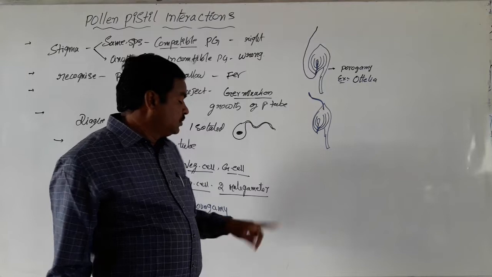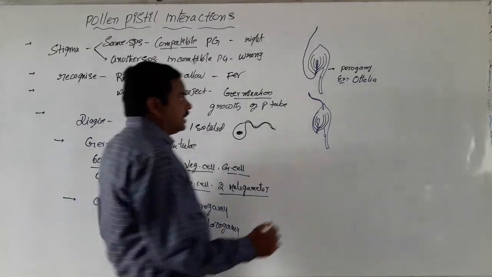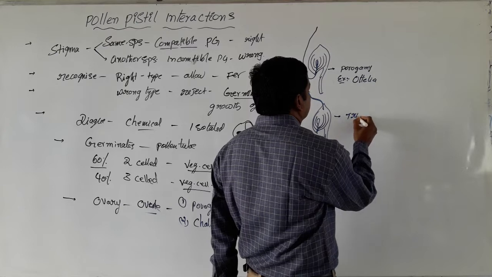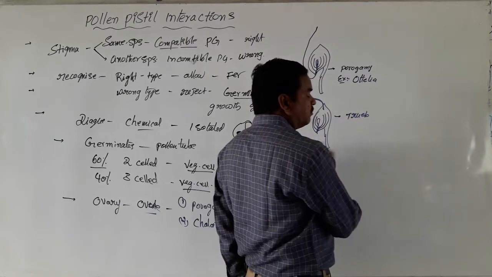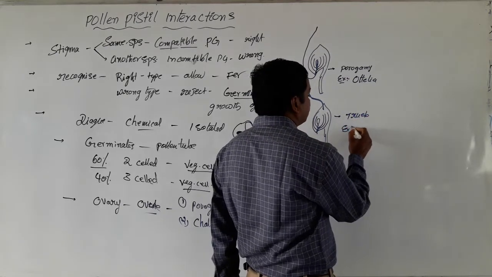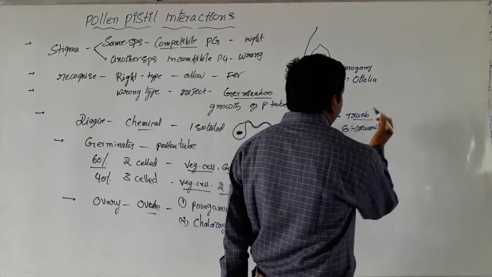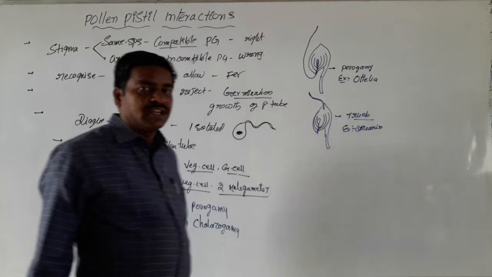That is called chalazogamy. It was discovered by Treub in Casuarina.